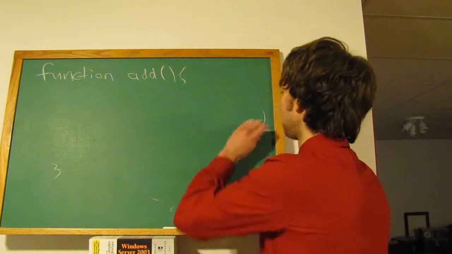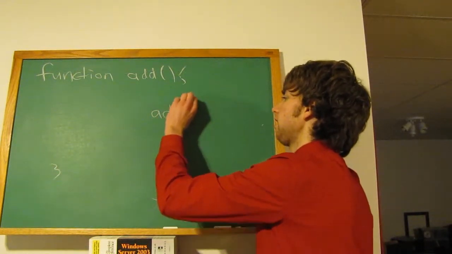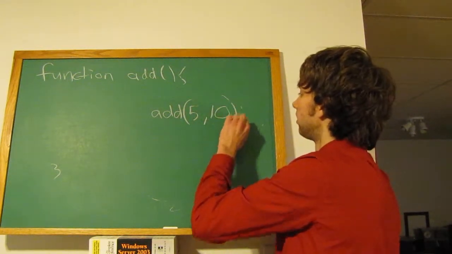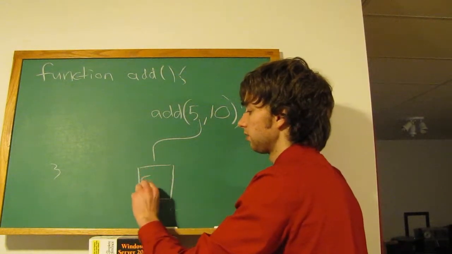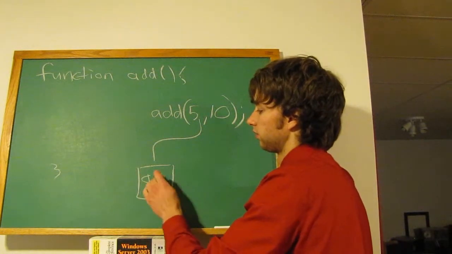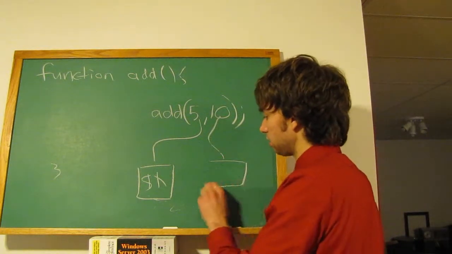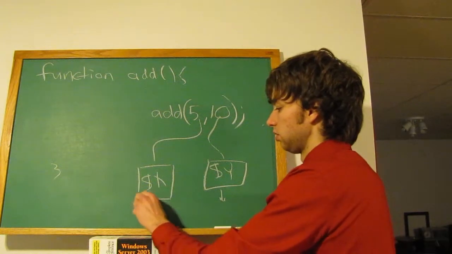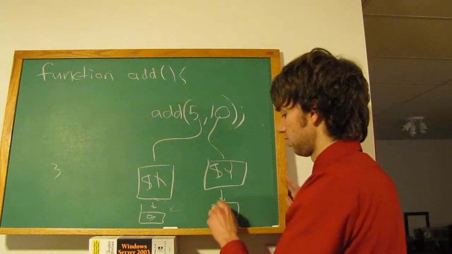It's going to take given values, such as add 5 and 10, put them in our variables, x and y, and replace them with 5 and 10.